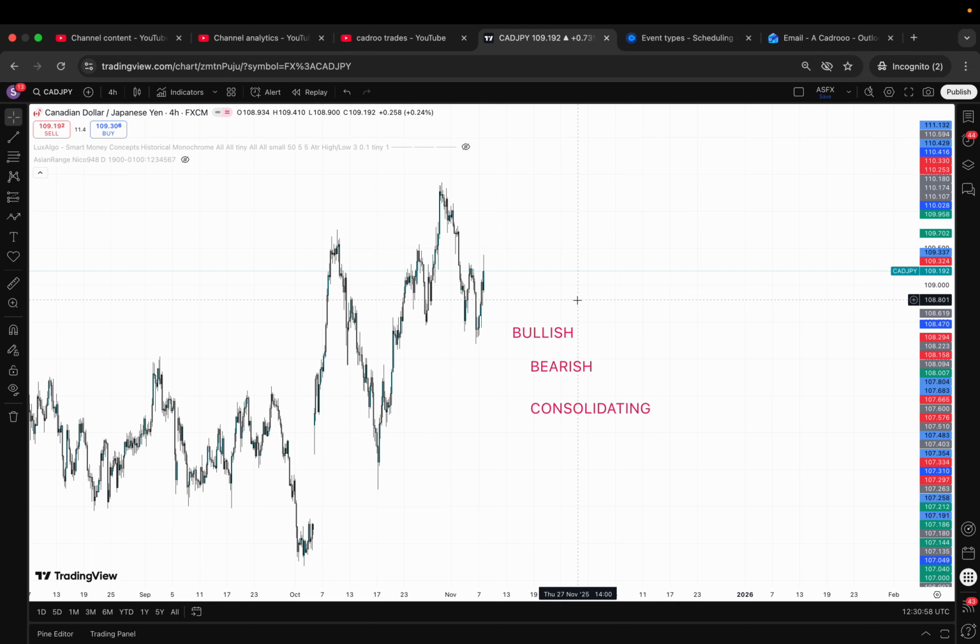A bullish market is when the market is going up, and it doesn't just go up. It creates a series of higher highs and higher lows. So how you can identify if the market is bullish is by identifying the series of higher highs and higher lows. It's as simple as that, guys.